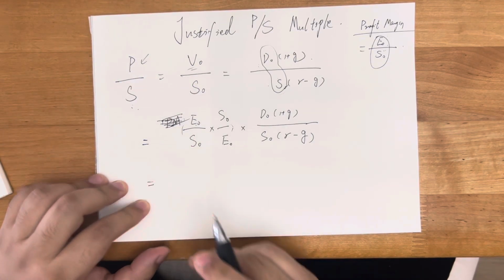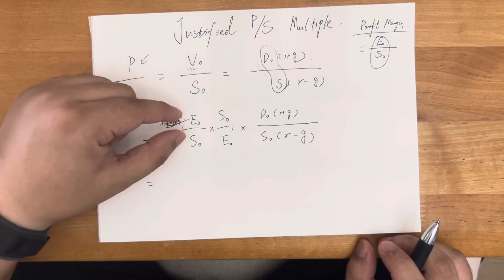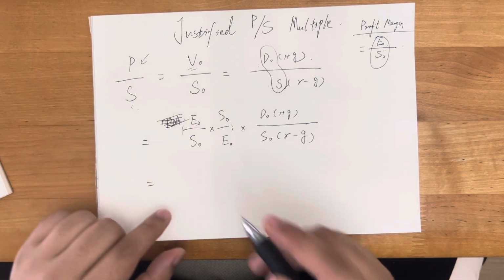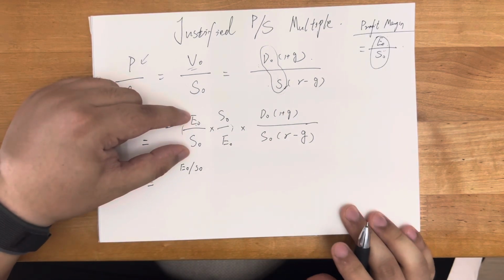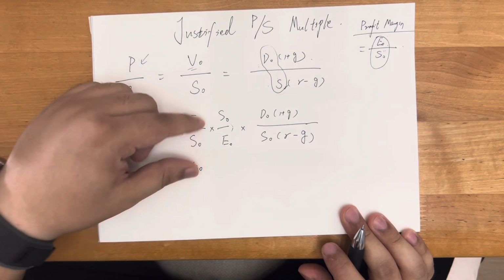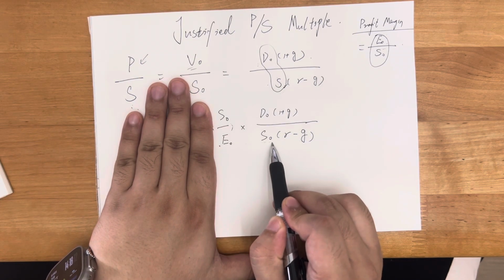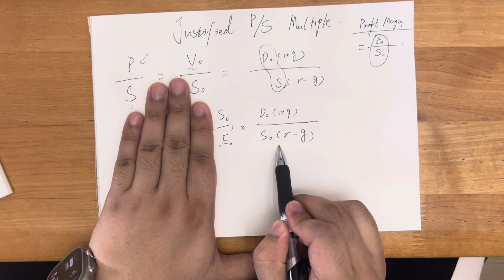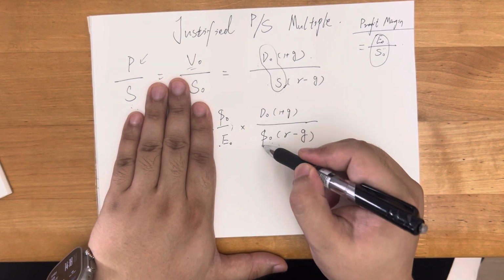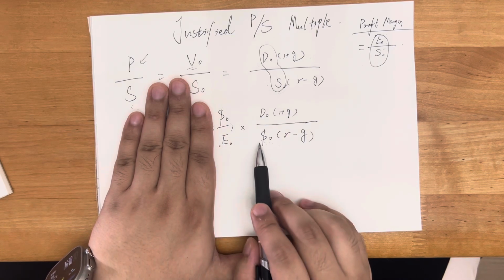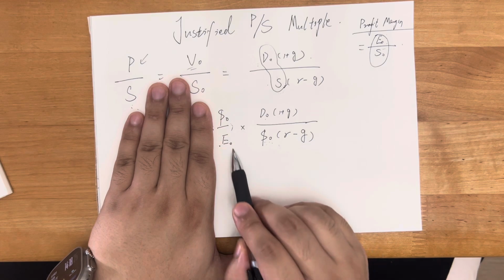So I'm going to change the formula just a tiny bit. I want to squeeze this into E0 divided by S0, so this part is gone, because I already changed it. S0 is gone too, because it's just 1. So we have D0 and E0 here.